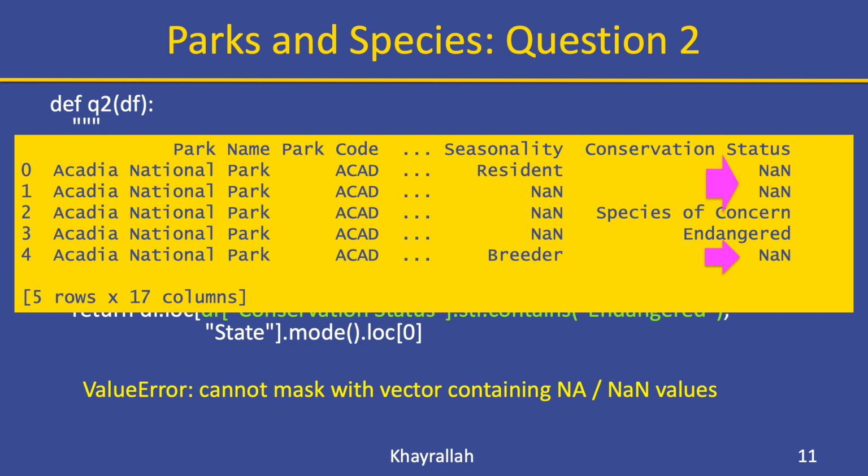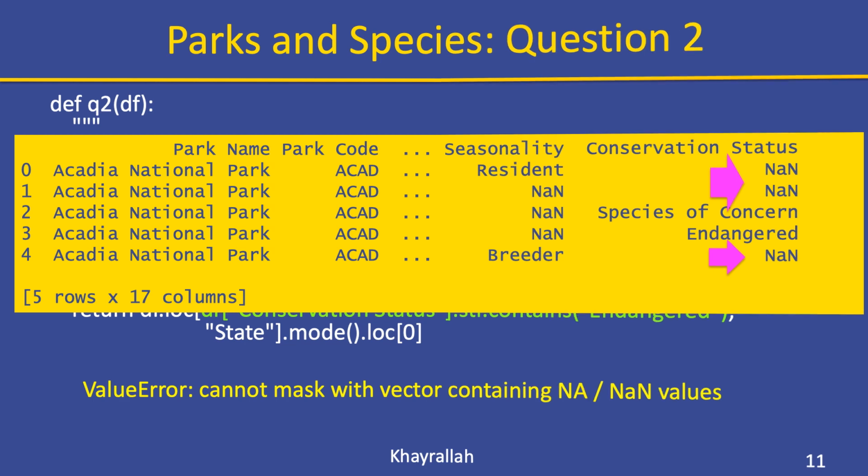Some species did not have a conservation status specified in the CSV file, so when that file was loaded into a data frame, NaN values were used for missing values in the data file. So when we invoke the string contains method on the conservation status column, string contains does not know what to do with these NaN values.